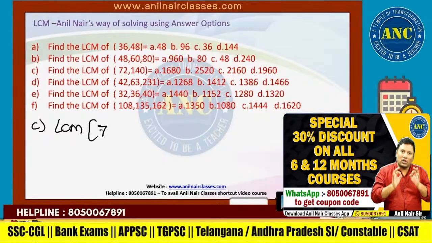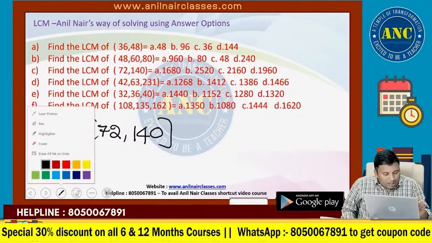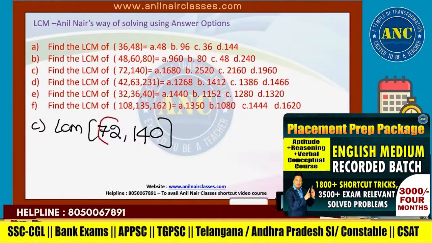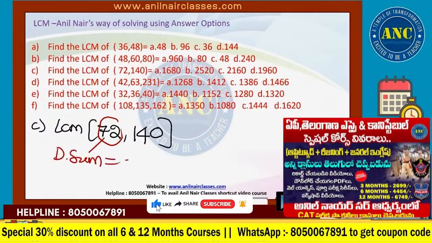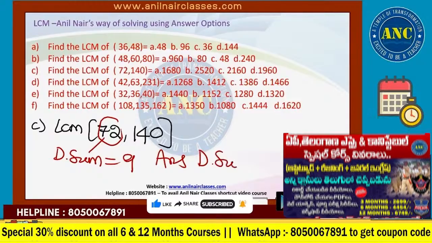LCM of 72, 140. Listen carefully. 72, 140. 72: digital sum is 9. Answer digital sum should be 9.